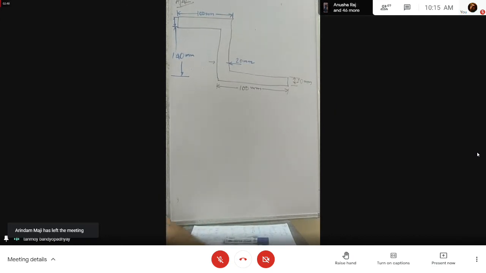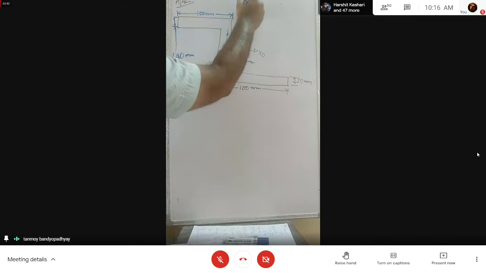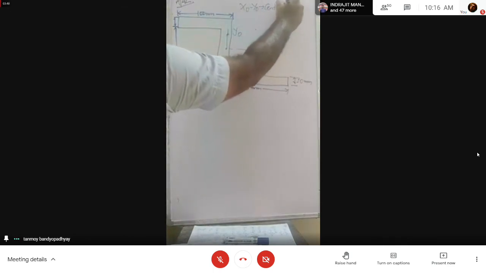Since the figure is symmetric about the x and the y axis, the x0 and y0 denote the centroidal coordinate system.